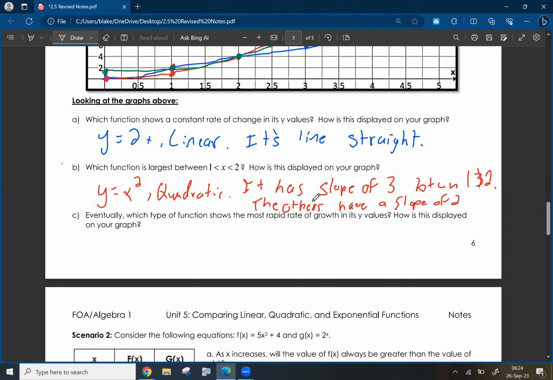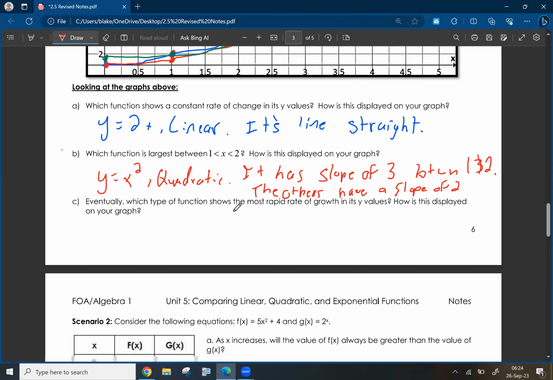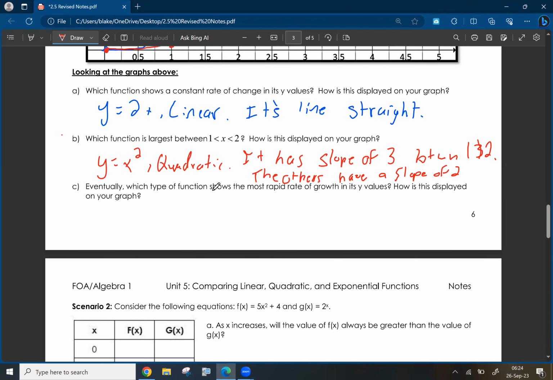Oh man, the handwriting looks awful, but it's difficult to write on this little screen. So I apologize for that. But it says the others have a slope of 2.